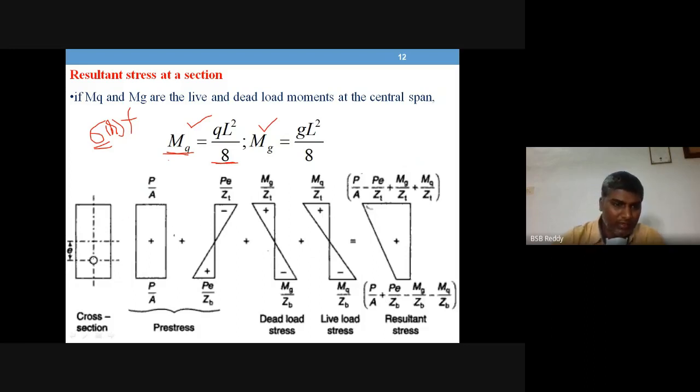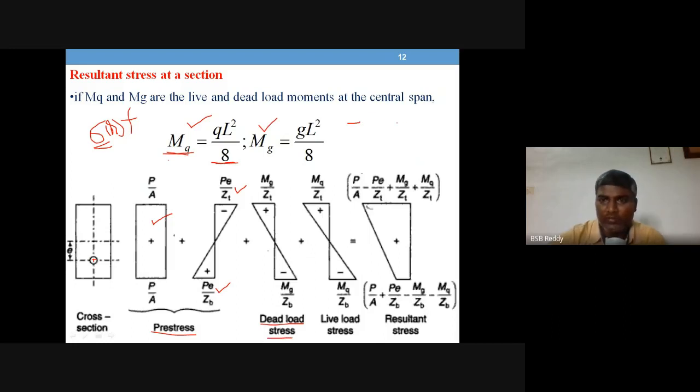The tendon is placed eccentrically, so the concrete will have direct stresses P by A, and also bending stresses P E by Z top and bottom. This is due to the pre-stressing tendon. Now coming to stresses due to dead load.